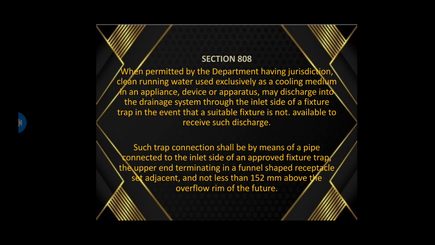Such trap connection shall be by means of a pipe connected to the inlet side of the approved fixture trap, the upper end terminating in a funnel-shaped receptacle set adjacent and not less than 152 mm above the overflow rim of the fixture.